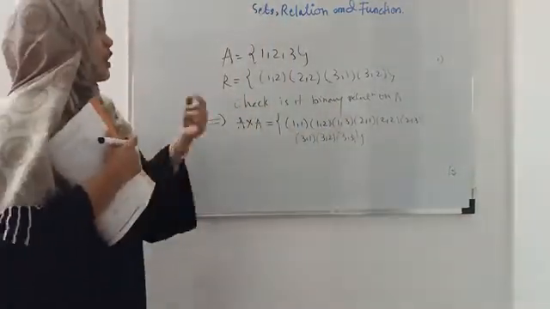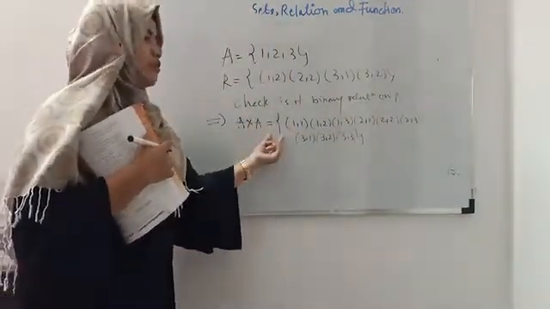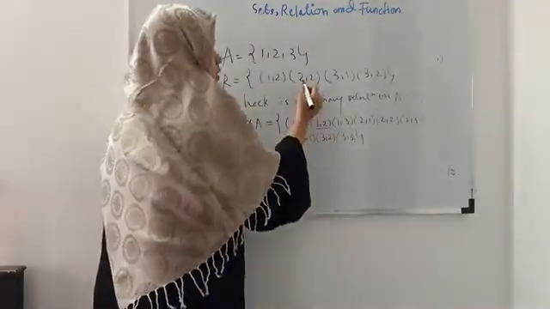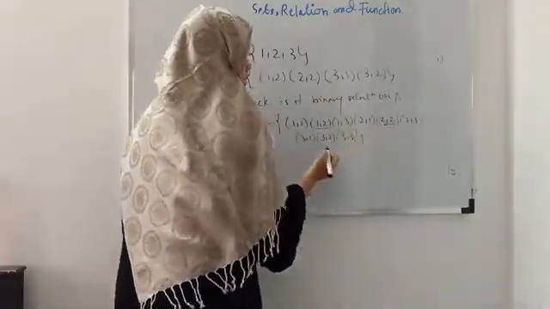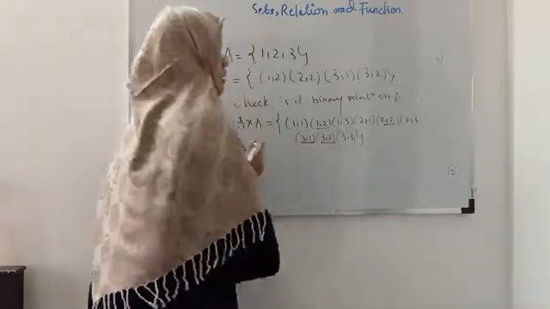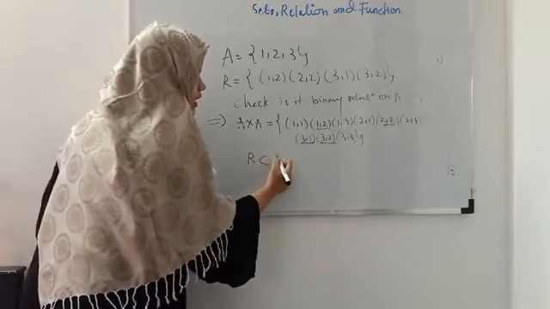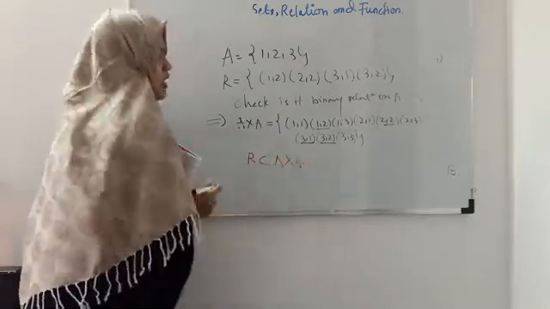Then we check whether the given relation is a subset of this set. (1,2) is there, (2,2) is there, (3,1) is there and (3,2) is there.